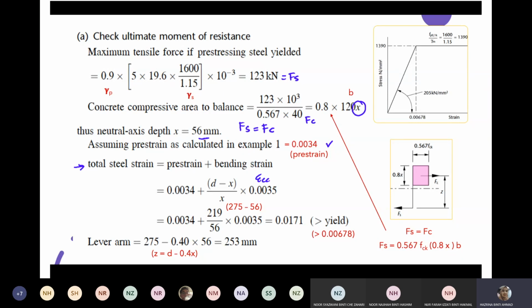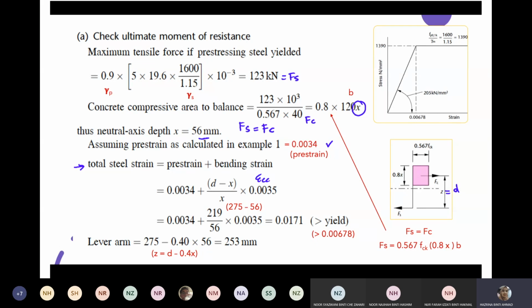Then we can also calculate the lever arm, since what we are going to determine here is the value of moment, so we need the lever arm. We calculate it using the equation d minus 0.4x. This is Z, where d is the distance from the compressive face of our section to the center of the reinforcement.